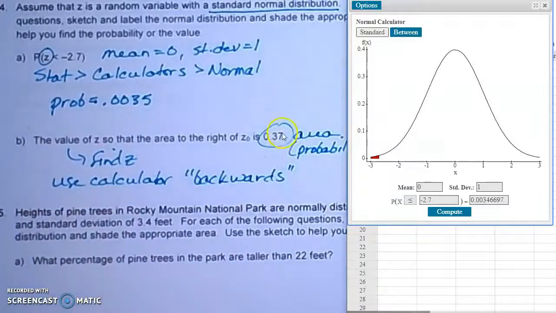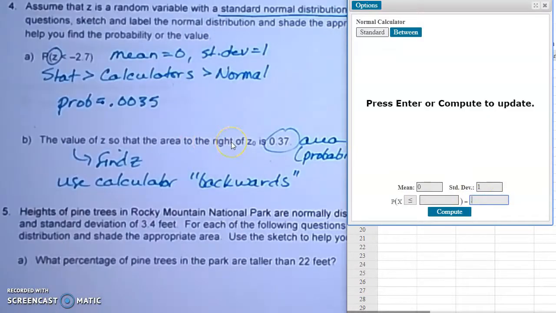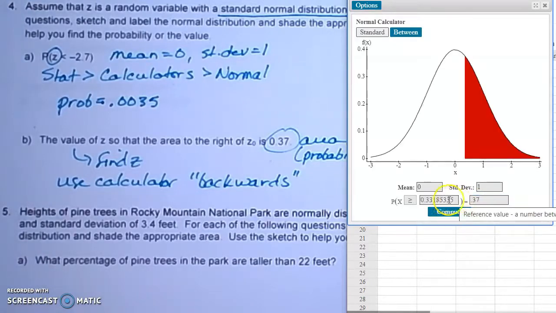We're going to put the value that we're given, the 0.37, in this box to the right of the equals sign. We also need to make sure that our inequality is pointing the right way. If we want the area to the right, we have to change this inequality so that it points to the right. Then we put our area or probability in the box to the right of the equals sign. The value that we get in this box is our z value.